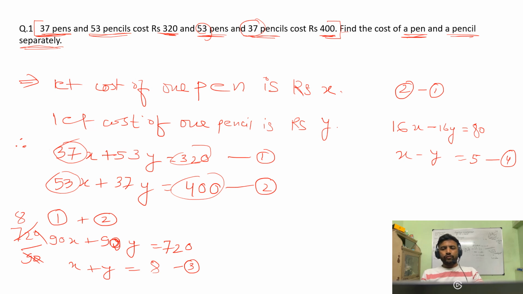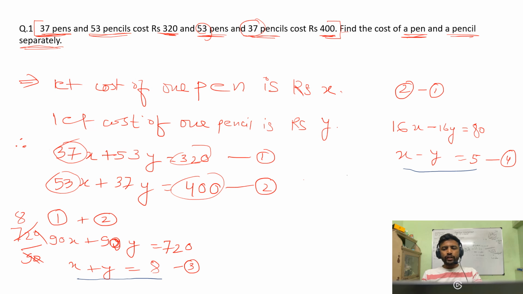Now see, we have two equations, one is equation number 4 and another is equation number 3. If we solve these two equations, we will get the values of x and y. One equation is x plus y is equal to 8, and another equation is x minus y is equal to 5.